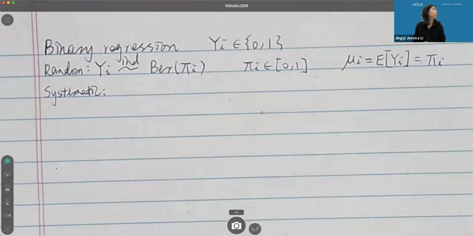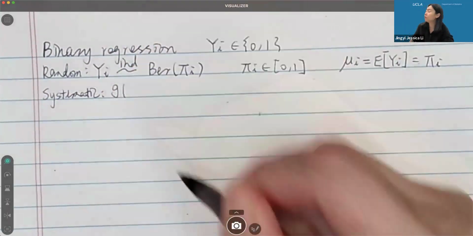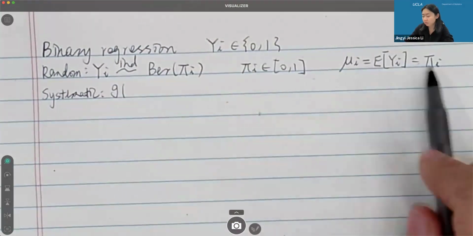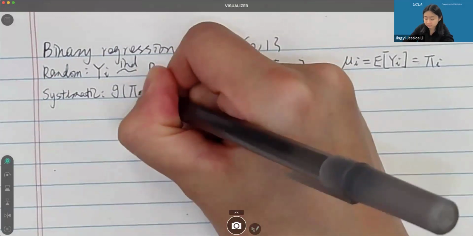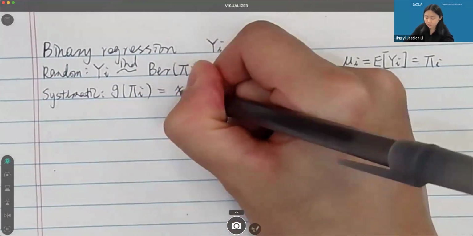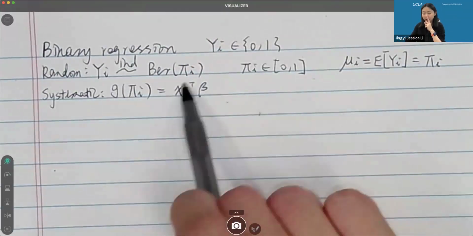For the systematic structure, we just assume that some monotone transformation function g applied to mu i, here we just write pi i, is a linear function of our predictors, xi transpose beta. So this is the linear part.